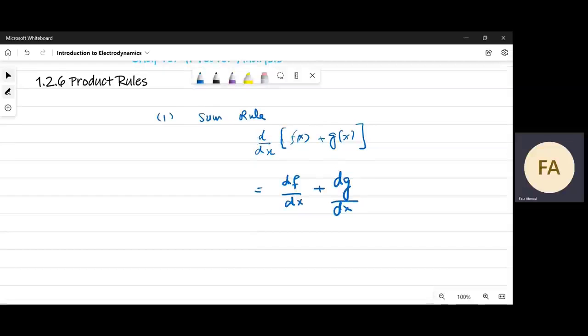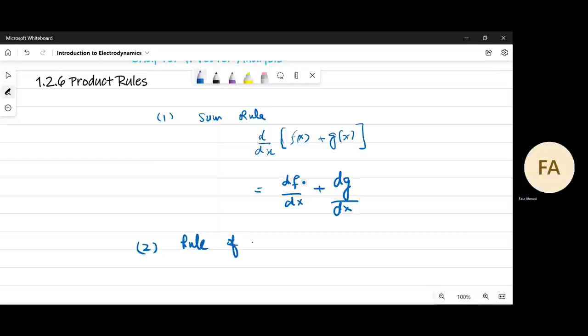And we have the rule of multiplication of a constant.